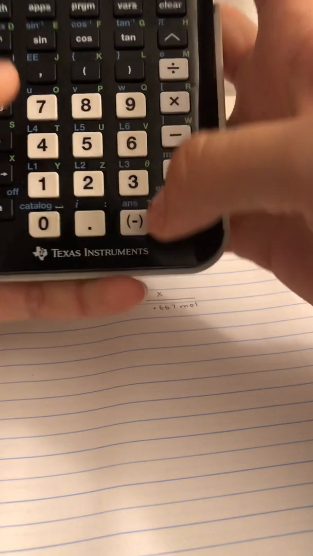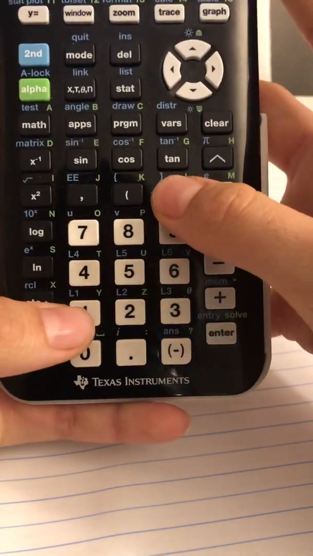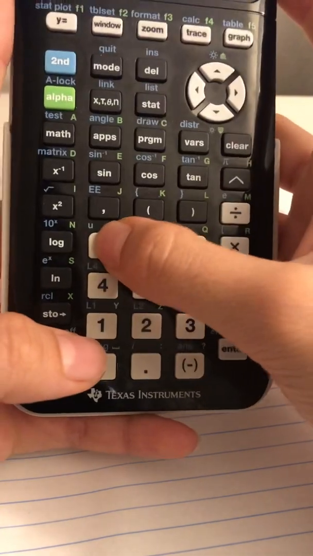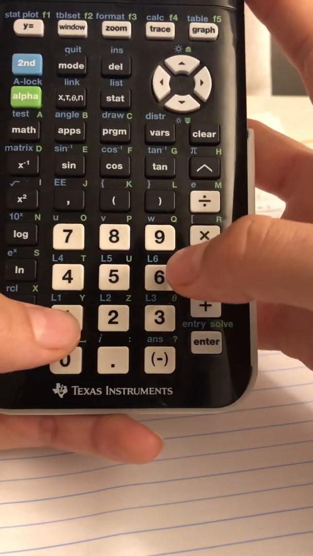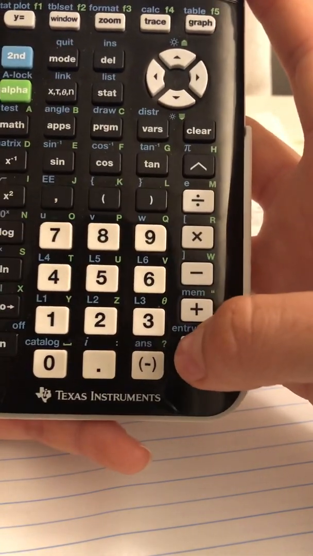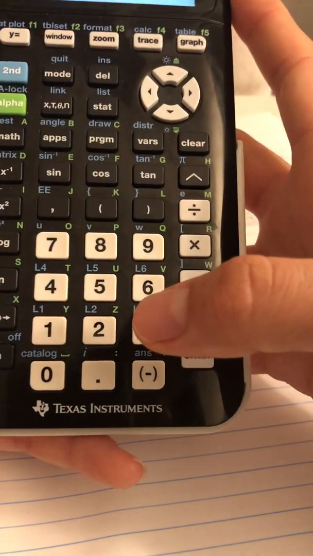And then what I'm going to do is negative 977 times 0.667, which will give us our Q of the reaction.